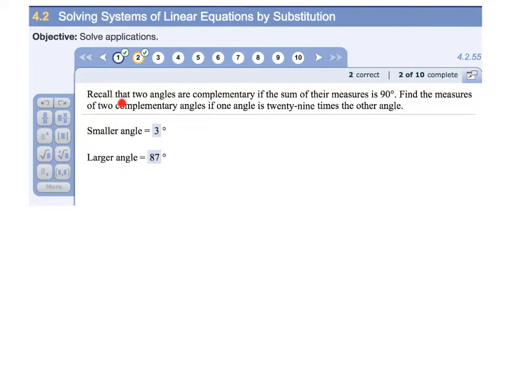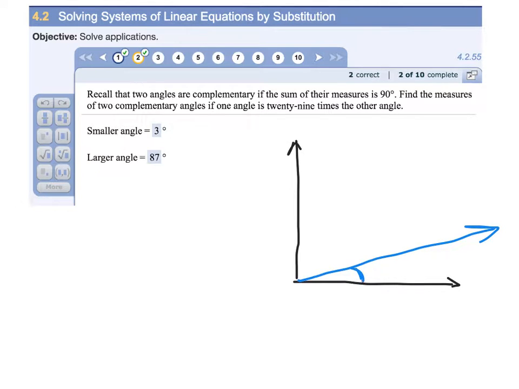So it says, recall that two angles are complementary if the sum of their measures is 90. So basically they're saying you've got a right angle, and two angles are complementary if, let's say one angle is right here, and I'll call that A, and then the other angle is right here, and let's call that B. If you add those two angles up and you get a perfect 90-degree angle, they're called complementary.